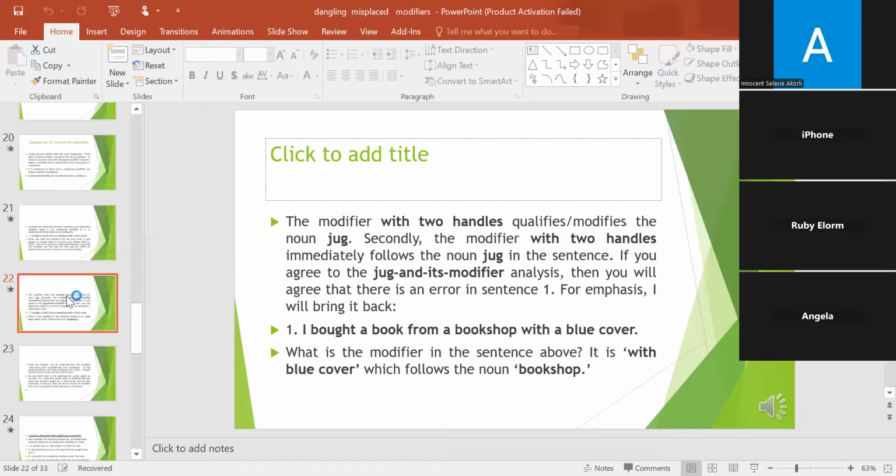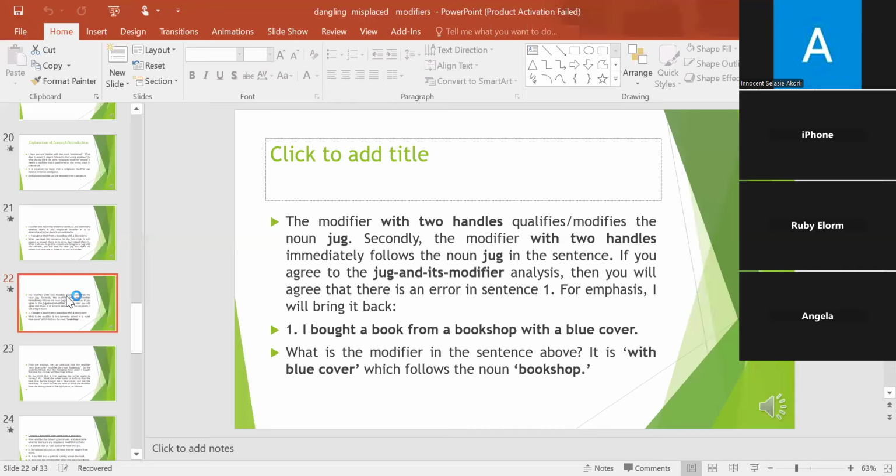It's also possible to see a whole clause. For example, the man who is driving. The man in a blue shirt. So you see, the prepositional phrase and the relative clause modify nouns because they follow them immediately. So in this case, a jug with 2 handles.